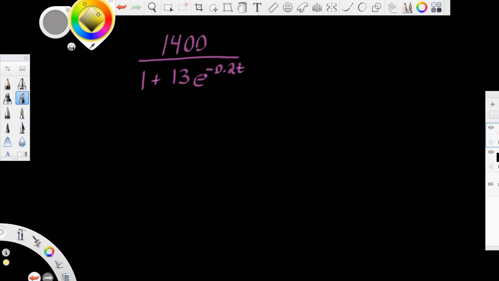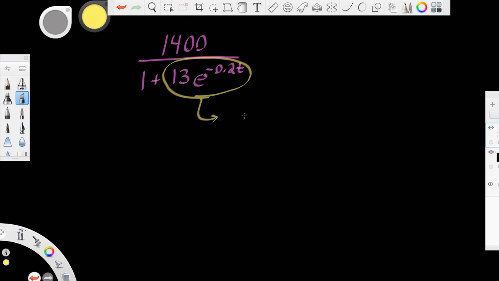Okay, now here's the deal. If we just look at this piece right here, because e is to a negative exponent, we can rewrite that e as being in the denominator. That's one of our exponential rules that we saw the other day. Now, as t gets bigger and bigger and bigger, this whole fraction is going to go to 0.